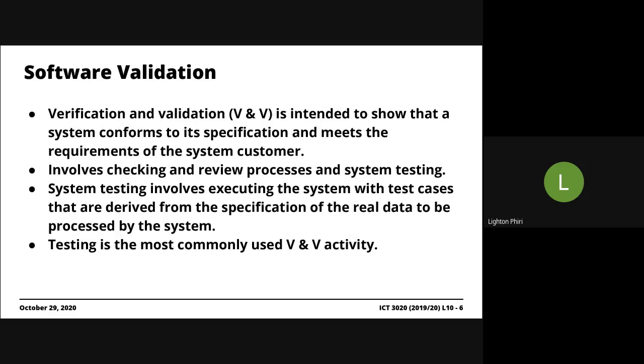So requirements elicitation or requirements engineering, system design, implementation, testing, and then evolution, right? So we're at the stage of testing, but it's verification and validation. And the whole point of verification and validation is you want to ascertain the fact that the system does conform to the specification. In this case, the specification will be laid out in your SRS document, right?